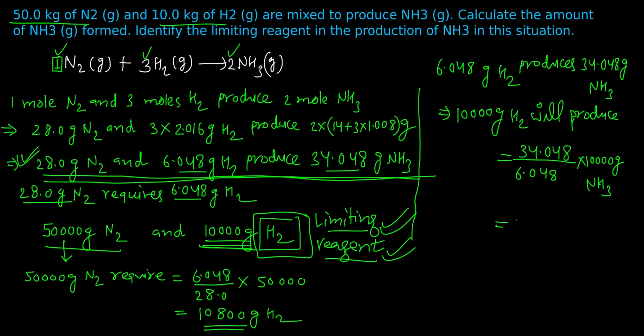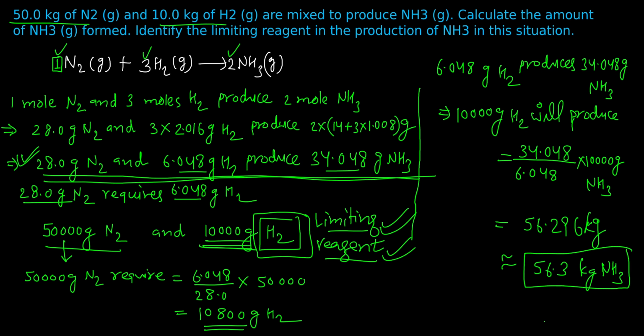This is coming 56,296 gram. I have divided by 1000, so it becomes 56.296 kilogram. So it is nearly, you can write 56.3 kilogram ammonia will get formed in this reaction, and that's the answer.